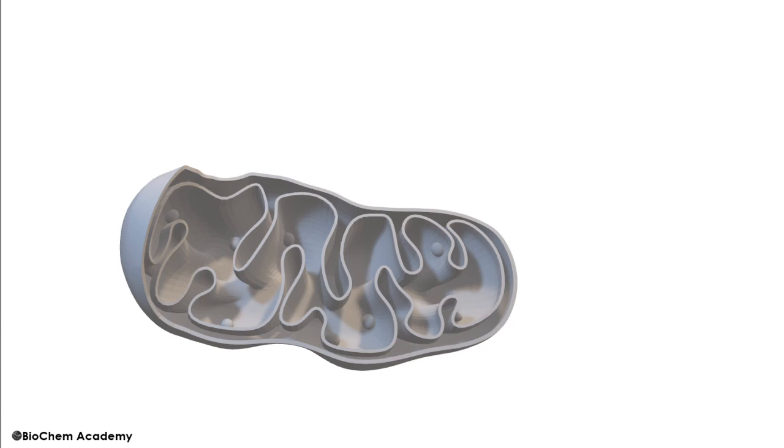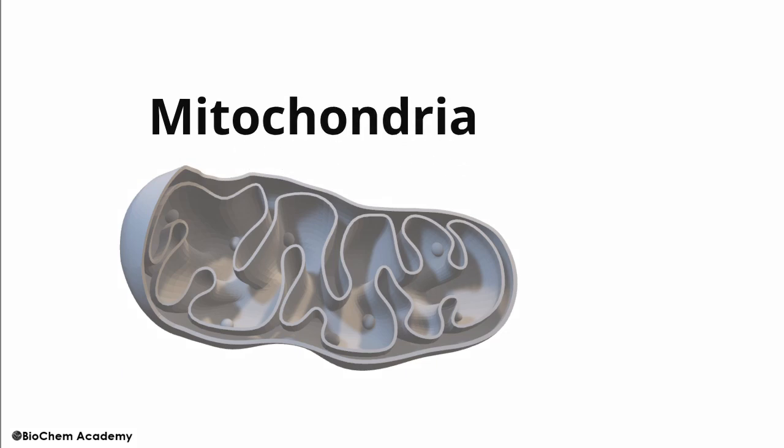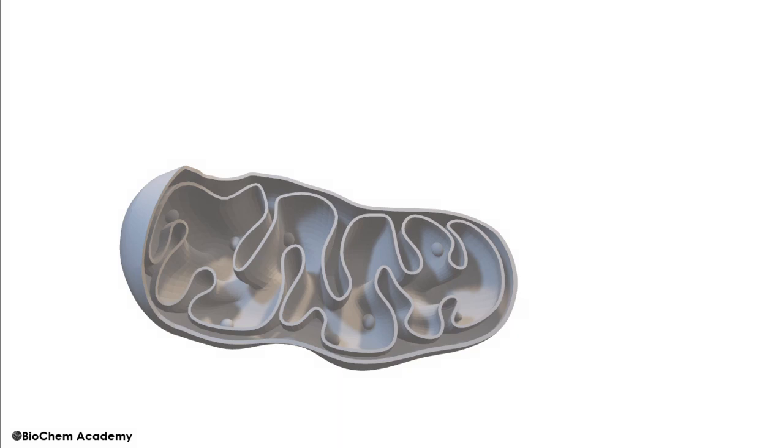Firstly, a brief intro, the mitochondria. The mitochondria arose from prokaryotic endosymbiotic bacteria, which till now retains the remnant of its genome. Now, this mitochondrial genome is in a circular form and is within the mitochondria rather than the cell nucleus.